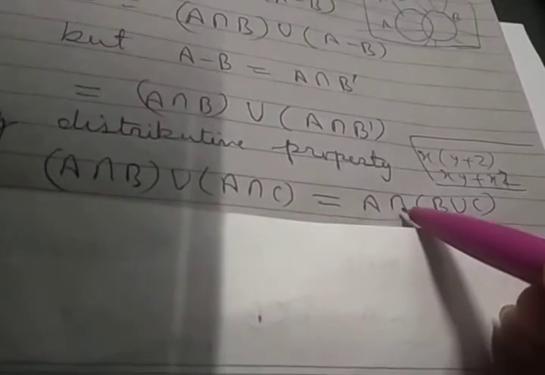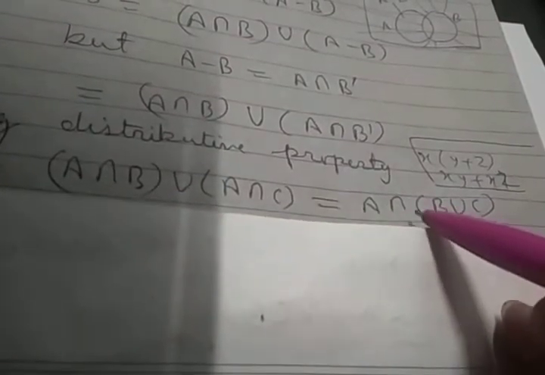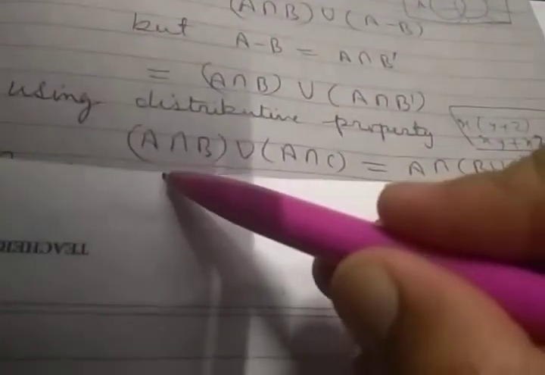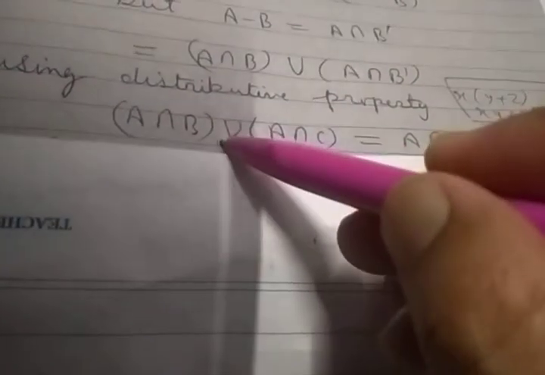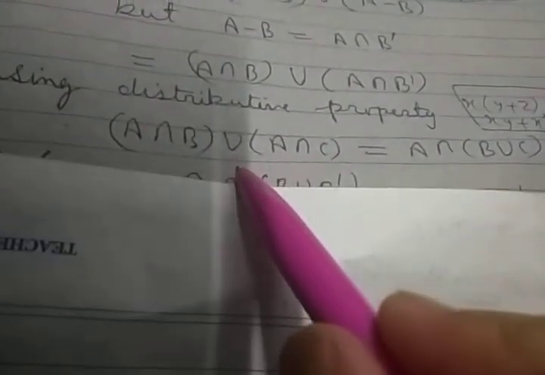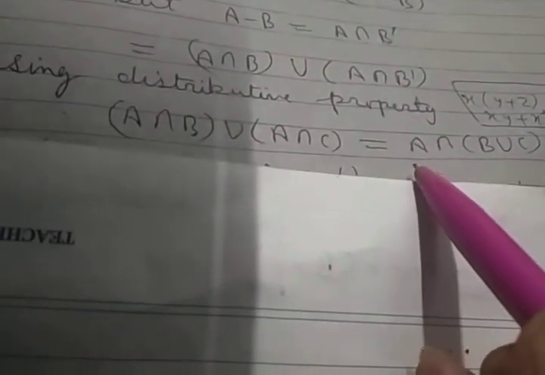This is the distributive property. So the intersection sign is going to spread with B and C both, and it is written as A intersection B, A intersection C, and the union sign which was inside the bracket is between the two brackets. So the opposite way of the distributive property is used here.